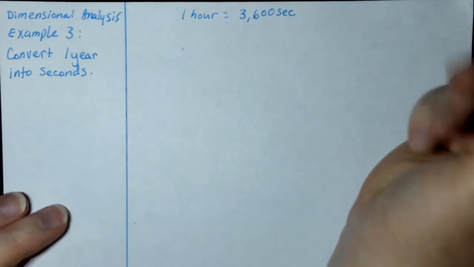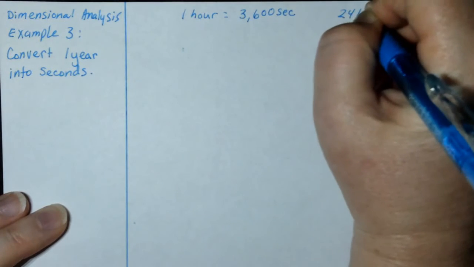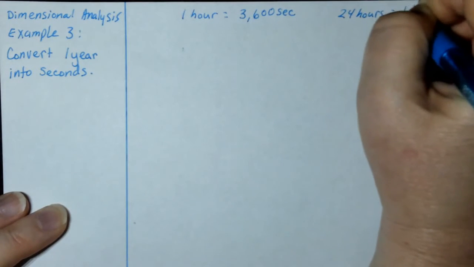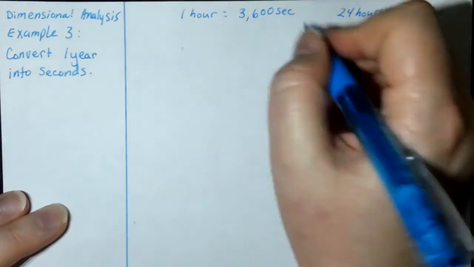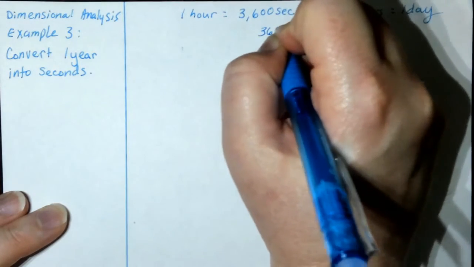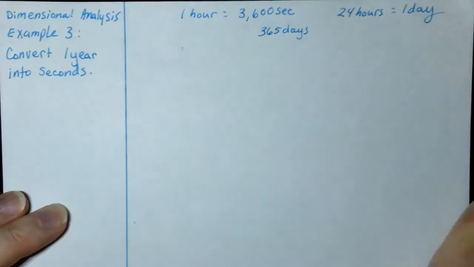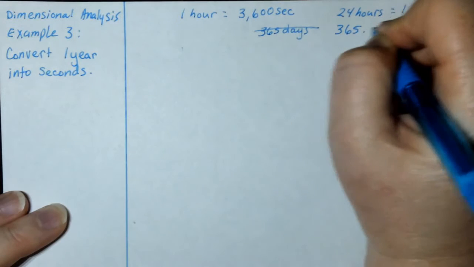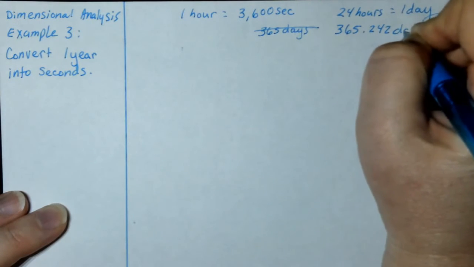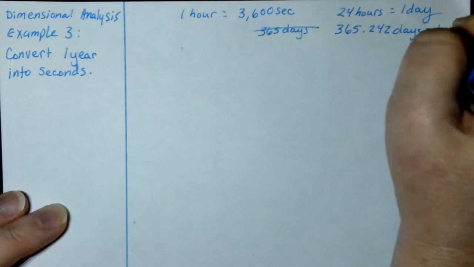How many hours are in 1 day? 24 hours equals 1 day. And how many days are in a year? Most calendars would say 365 days. But I'm going to say it's actually 365.242 days equals 1 year.